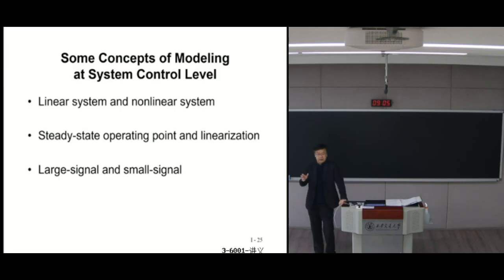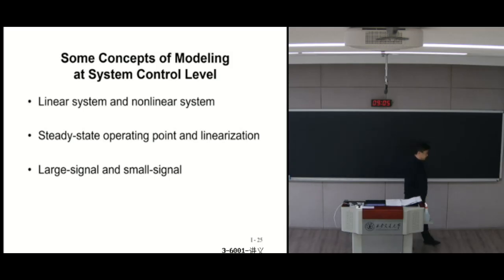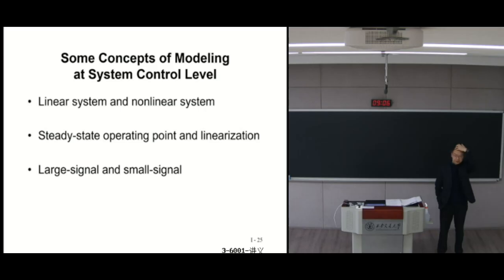If the disturbance magnitude is small, then it's called small signal. If the magnitude of the disturbance in the system is large, then we call that large signal. And we can understand that in this way.